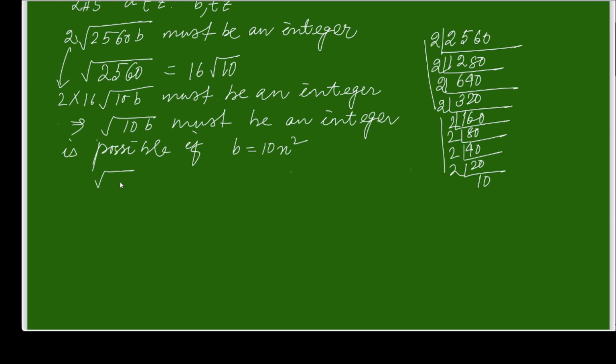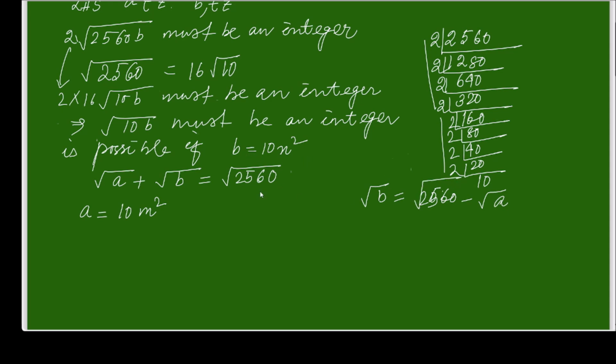With the same logic, I may write a is equal to 10 times some square, 10m square, because I could have written it in the same way, taking b to the left side and a to the right side, with the same condition. So a is equal to 10 times m square and b is equal to 10 times n square. Next I'll put this in the equation.